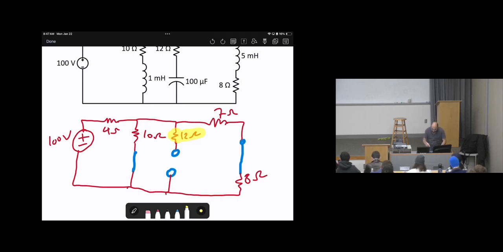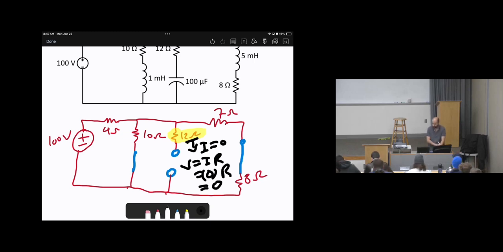No closed path. So here, current equals 0. How about the voltage? Let's apply Ohm's law. V equals I times R, which is 0 times R, which makes it 0, right?